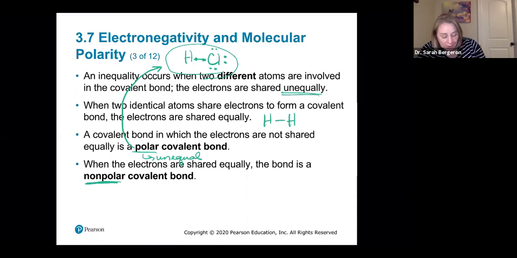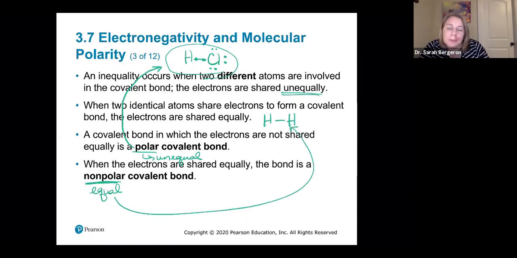So an example of nonpolar is some kind of equal sharing, as we saw in H2, right? Now they're both covalent bonds because they're being shared, but they're being shared differently. A polar covalent bond is unequal sharing, so you have two different atoms. And in a nonpolar covalent bond, you have equal sharing, so you have the same atoms.